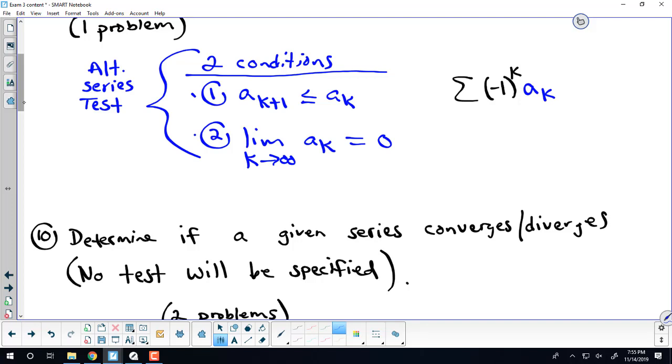So no test will be specified for those two problems. Let's see, yeah, that's all. Good.